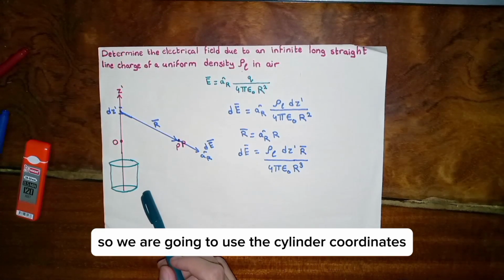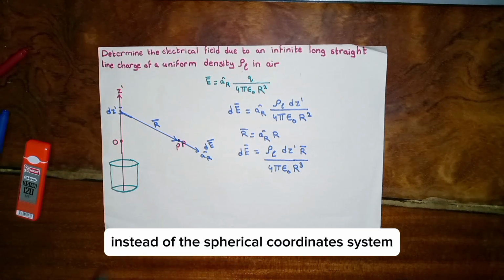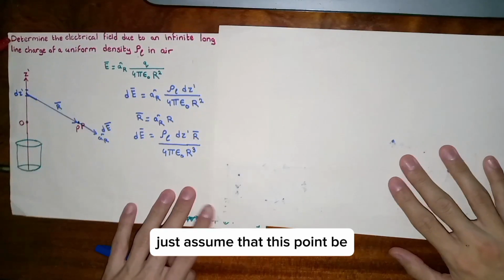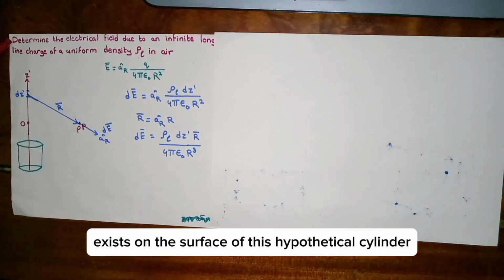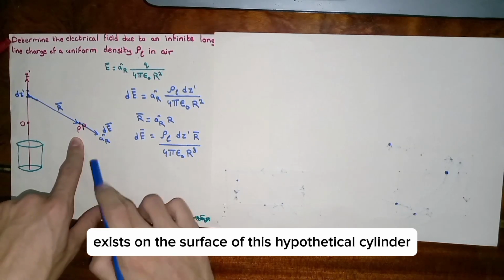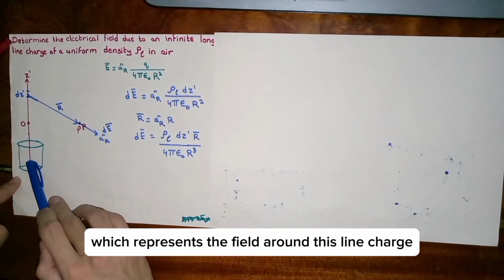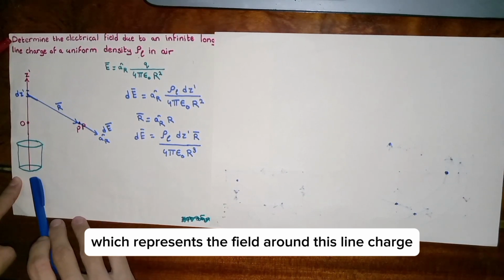So we are going to use the cylindrical coordinate system. In order to solve, just assume that this point P exists on the surface of this hypothetical cylinder, which represents the field around this line charge.